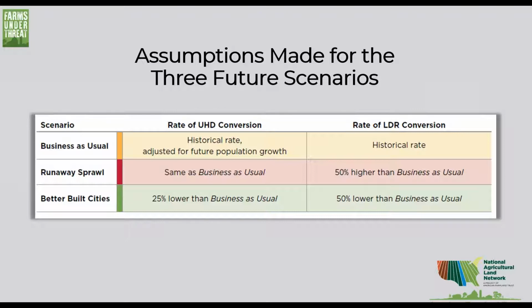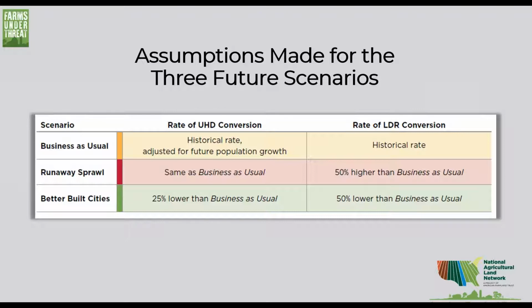We made it 25% less on the urban and high density conversion, again, because we understand that there have been cases where towns and cities are able to grow more compactly, and that 25% reduction is entirely possible. That 50% lower conversion rate on the low density residential development is what we felt was ambitious, but ultimately achievable.